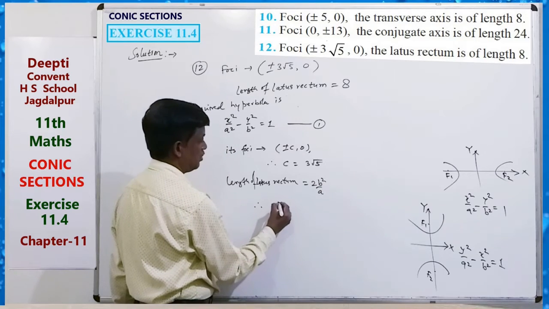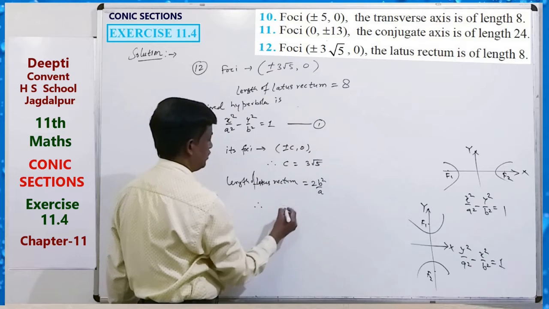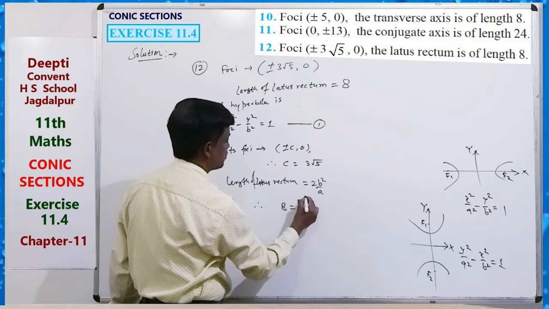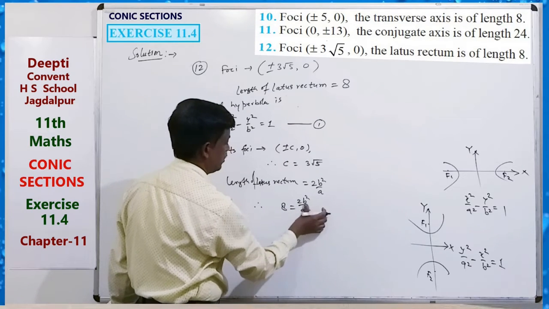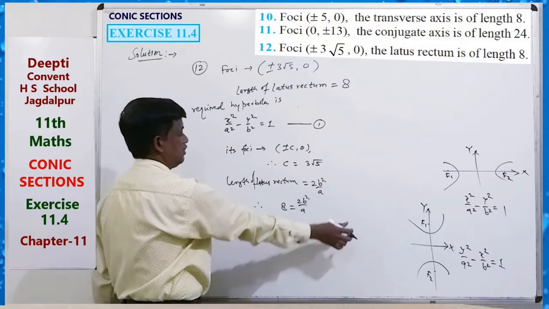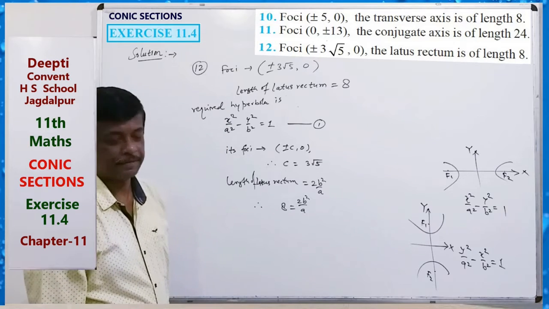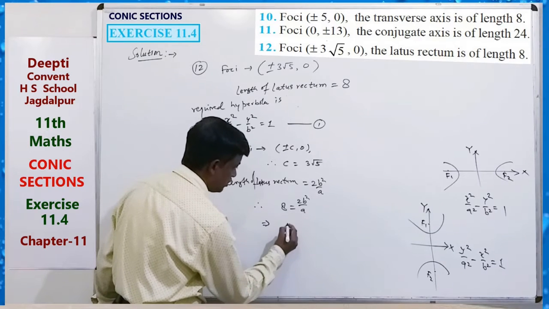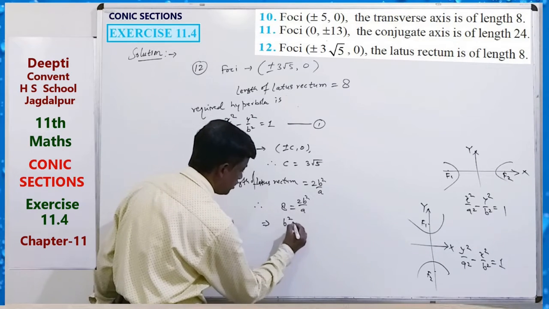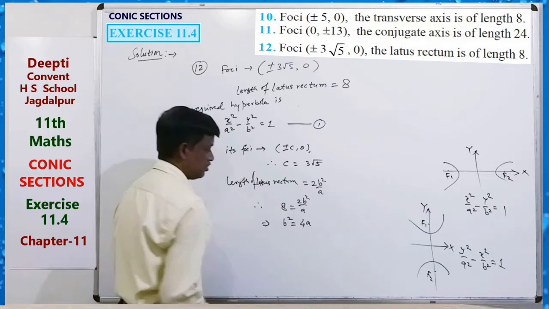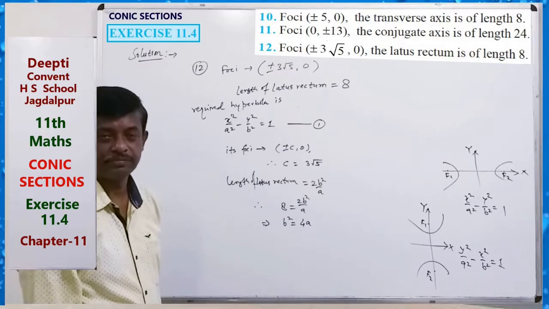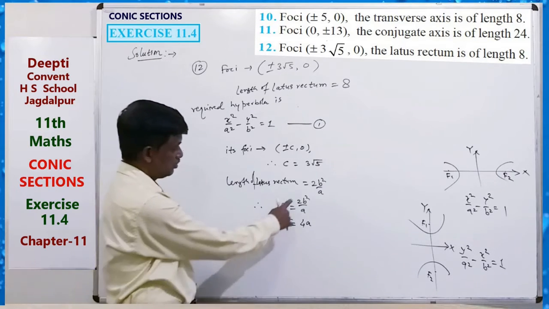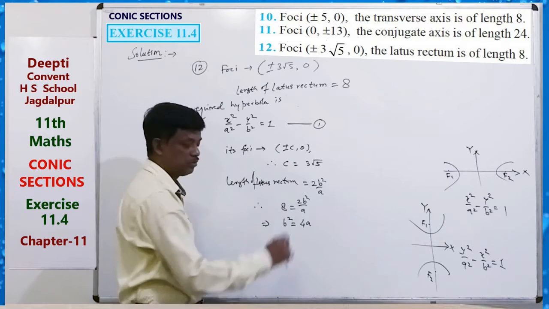Therefore 8 equals 2 b square by a. Clear? Now from here we can write b square equals 4a.